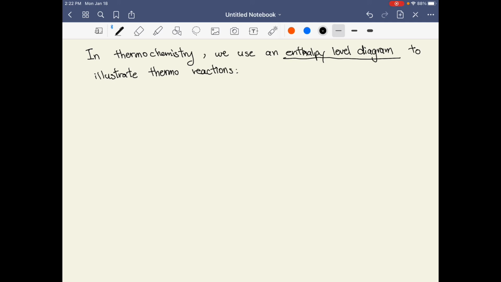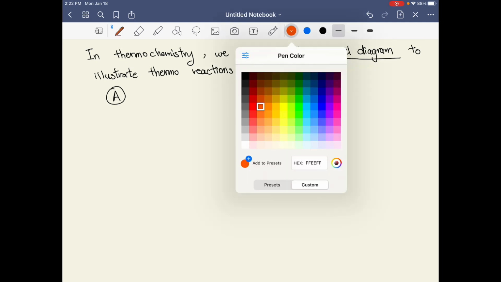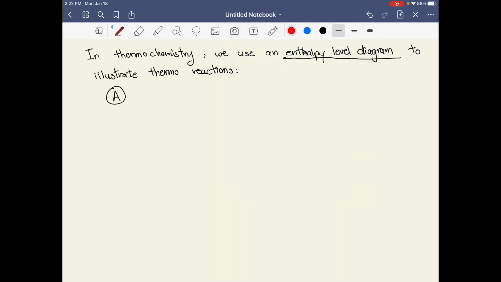Okay? And you know that there's two types of thermal reaction already. There's an exothermic one and there's an endothermic one. So let's take a look at the exothermic one. An exothermic reaction.